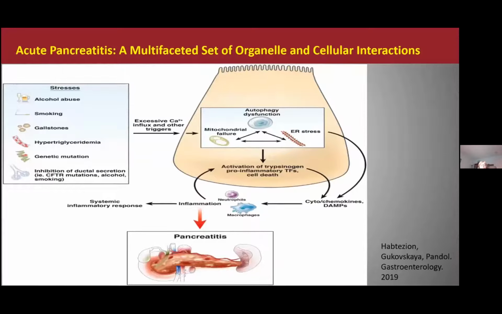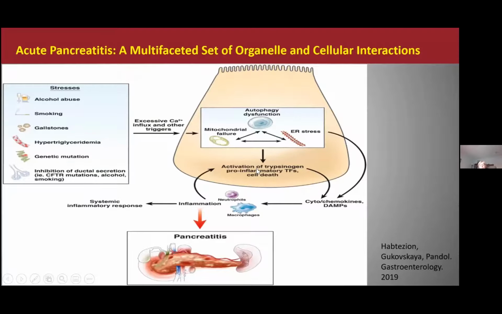Here's another slide that demonstrates some of our concepts about how excessive calcium influx, as indicated here, can affect organellar function in the acinar cell. And you'll see that by this slide, we showed that excessive calcium influx can cause mitochondrial failure, autophagic dysfunction, and ER stress.